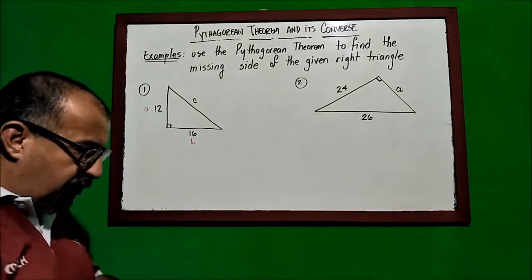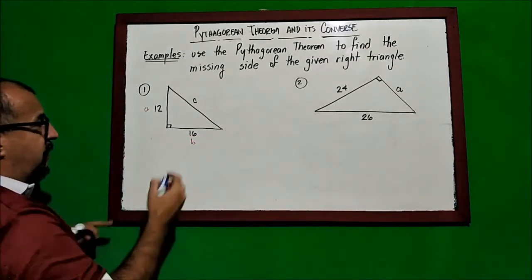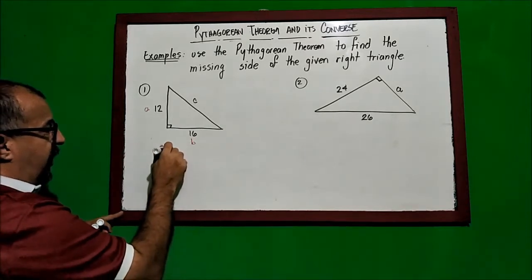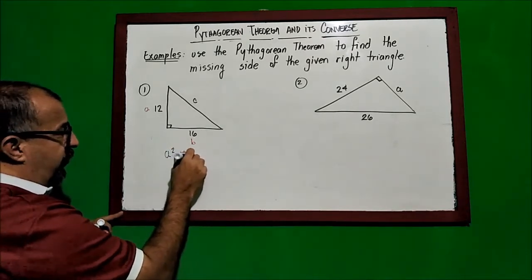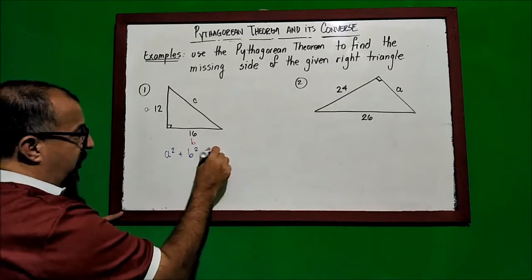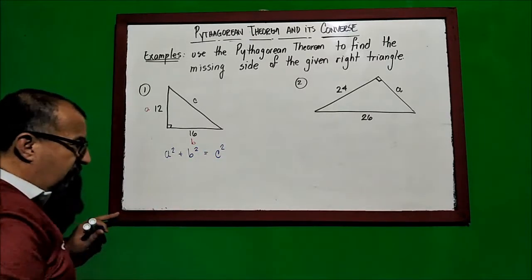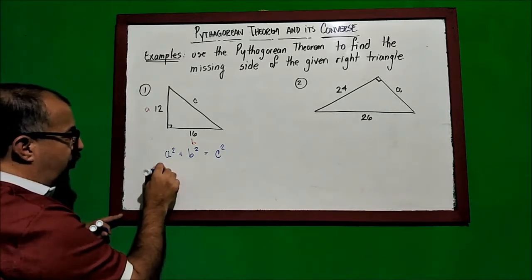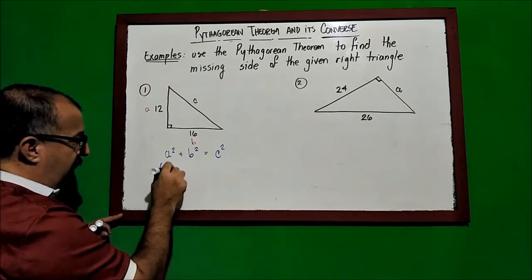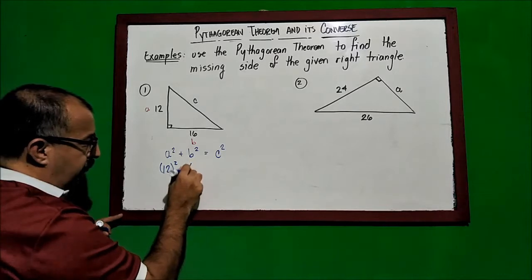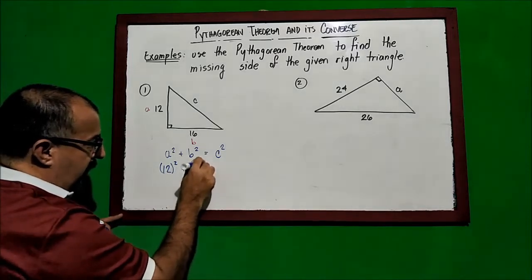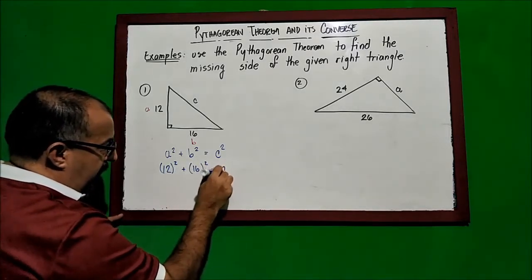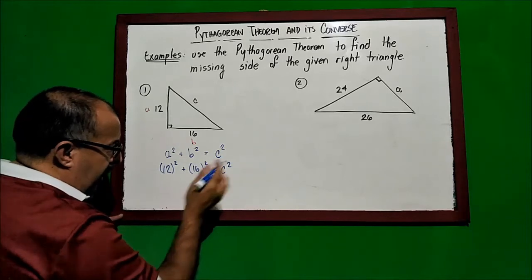So if we analyze this problem, let's apply the Pythagorean theorem. A squared plus B squared equals C squared. And if we replace the information that is given to us, what we have is 12 to the second power plus 16 to the second power and C, which is my unknown value.